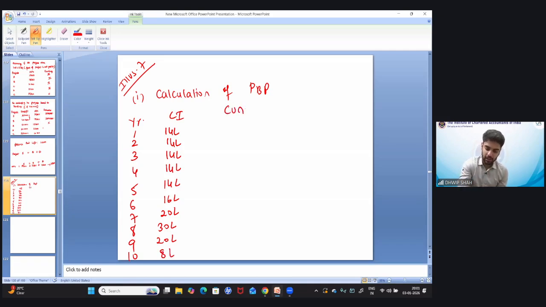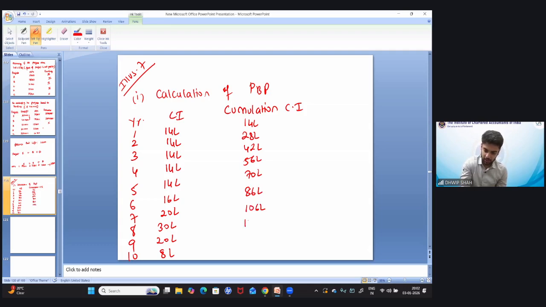Then to calculate payback period, will we discount the cash inflows or not? We won't. Why? Because it is not discounted payback period. They have asked payback period. So first 14 lakh, 28 lakh, 42 lakh, 56 lakh, 70 lakh, 86 lakh, 106 lakh.